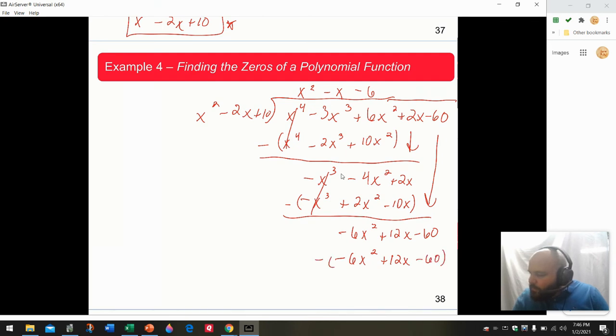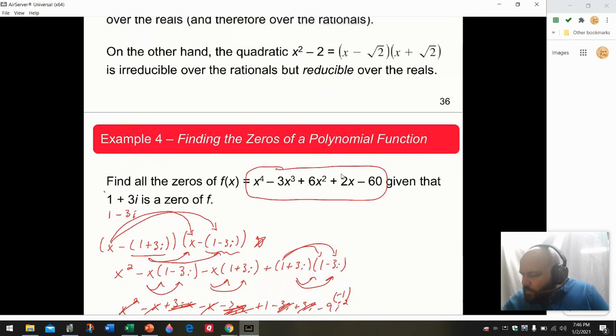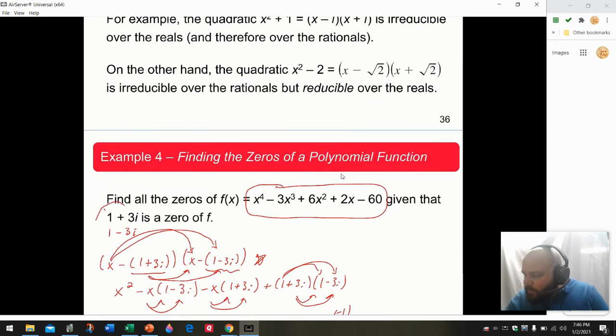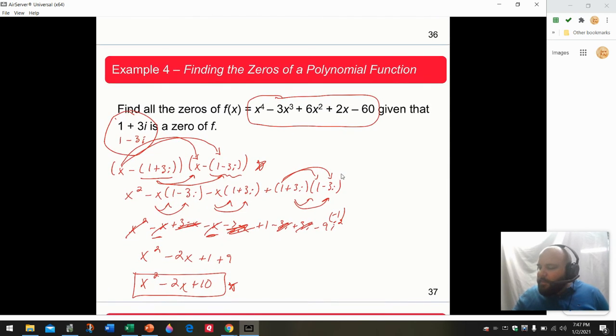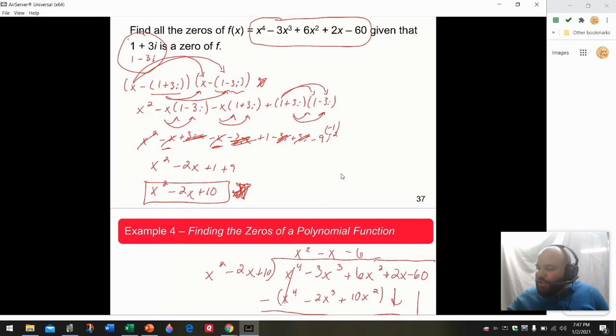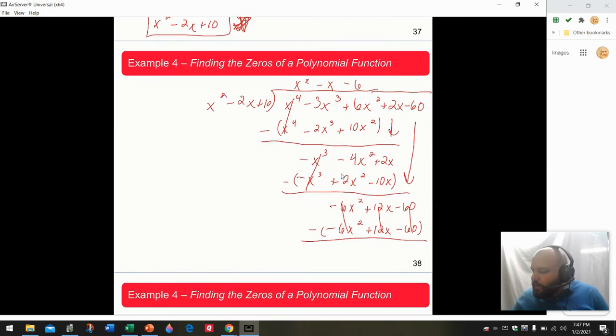Now remember, we were told originally that this 1 plus 3i was a factor, and that means 1 minus 3i is a factor. So if we did everything right, what we came up with down here, this part I just put 2 stars beside, that should divide out evenly. And if you look, everything canceled at the bottom and we did not end up with a remainder. That's good. That means we've done everything correctly.